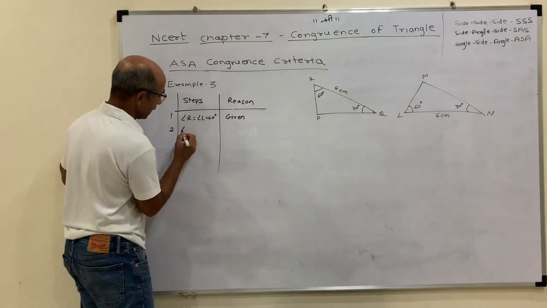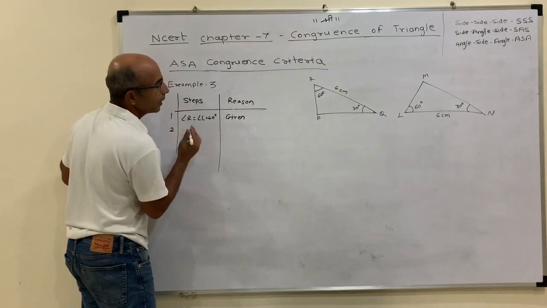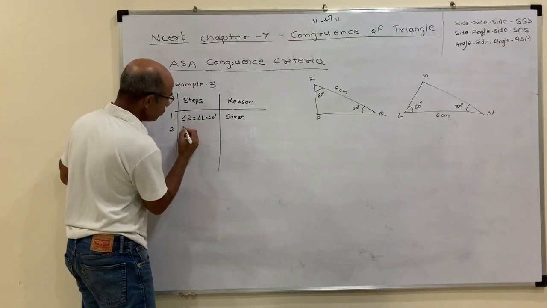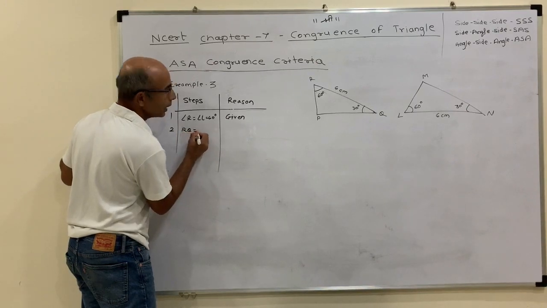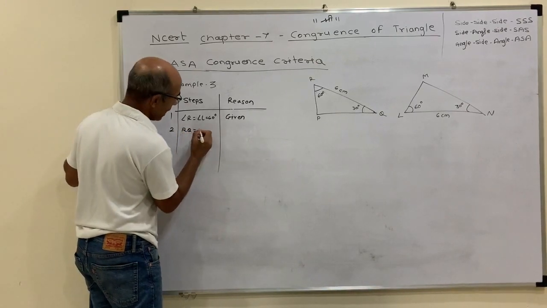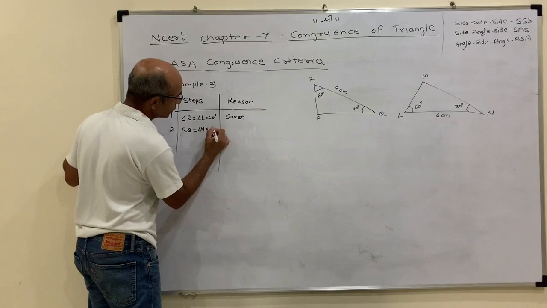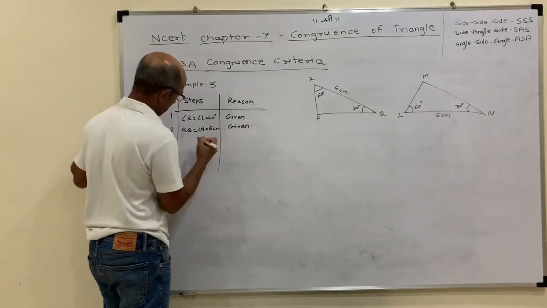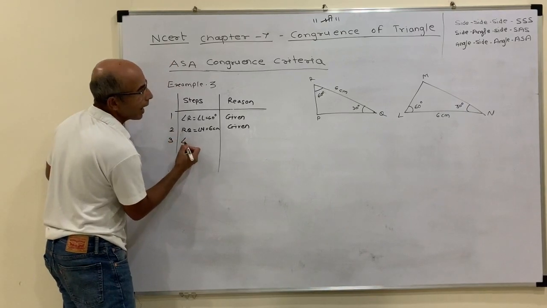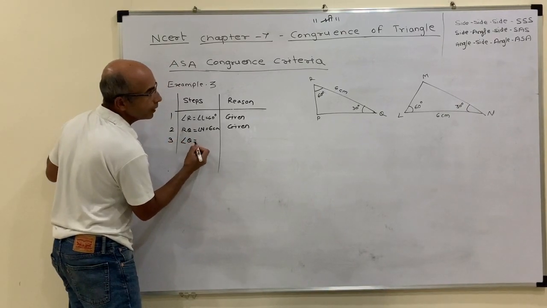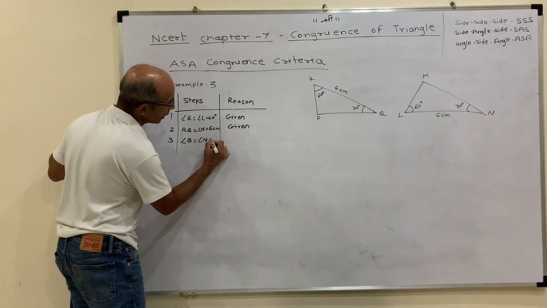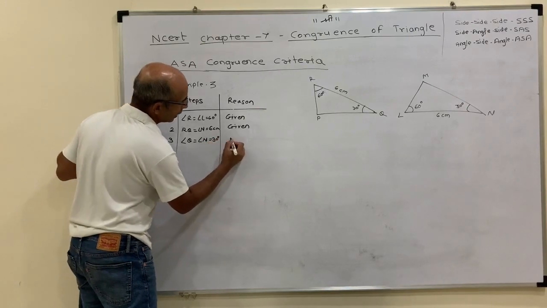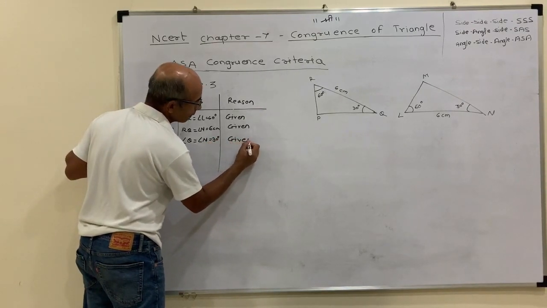Second, side RQ equals LN equals 6 centimeters. This is again given. And third, angle Q equals angle N equals 30 degrees. This is as well given.